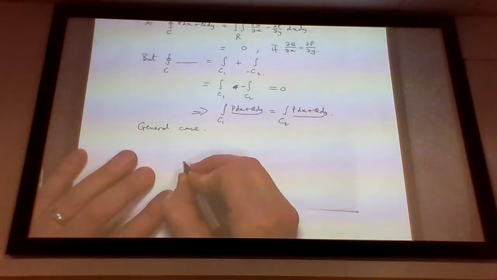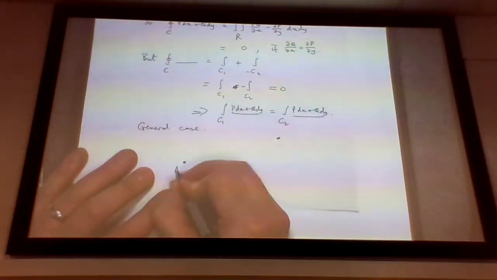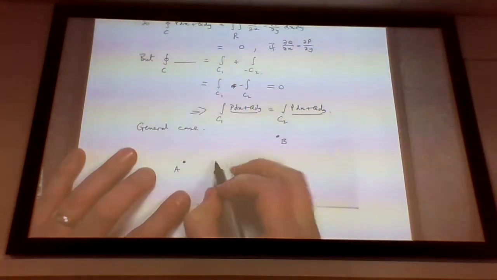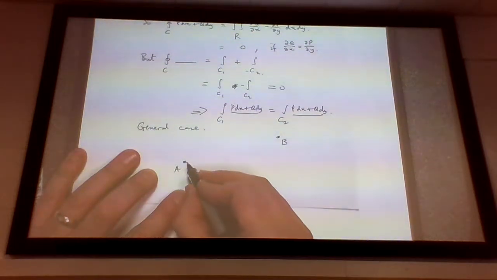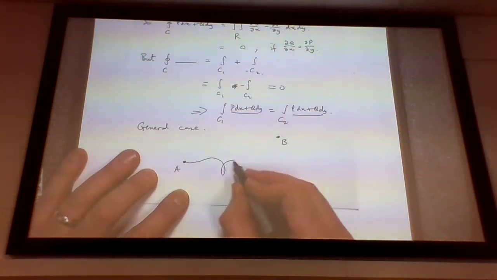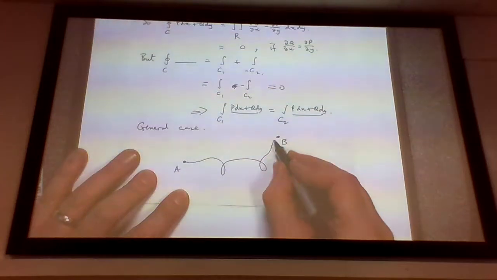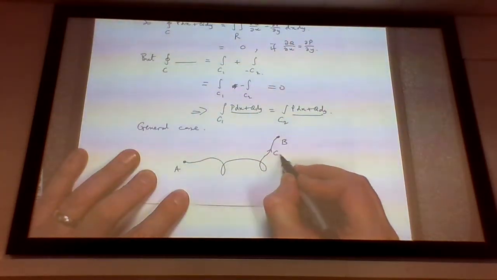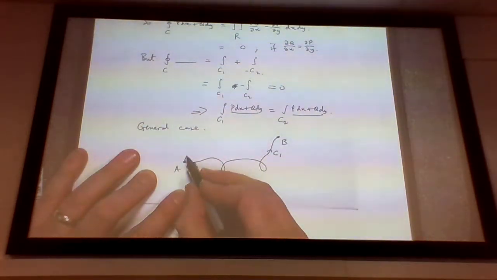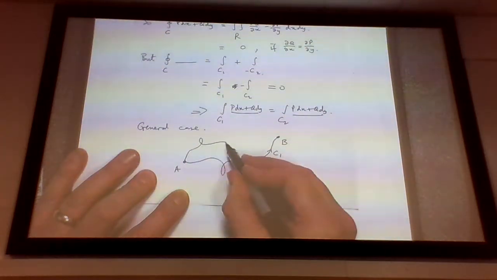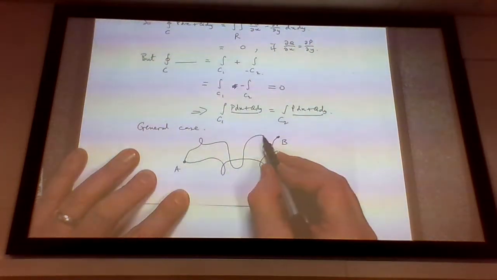Well, the general case would be that I have my two points A and B, and we're talking about two different paths between them. I could have a self-intersecting path, C1, and I might have another self-intersecting path that also intersects with C1.